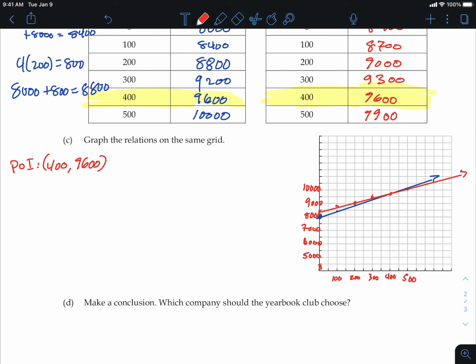Okay, so what we were getting at when you make a decision, depending if you're KC or Sydenham or whatever, and you've got a different number of kids ordering textbooks, you're going to say, I'm going to stand here on my x-axis, and if I want 100 textbooks, which company am I going to order from?